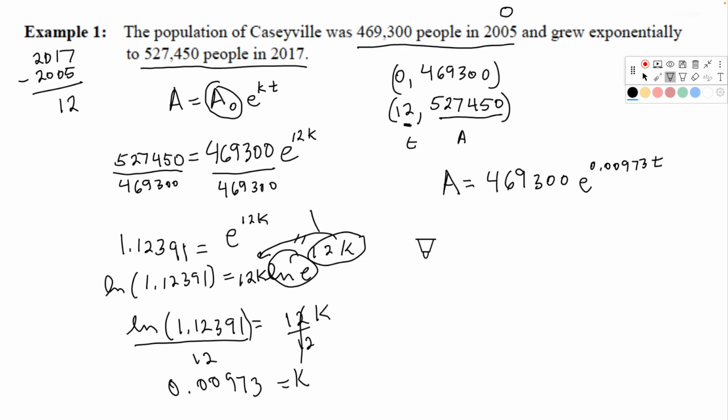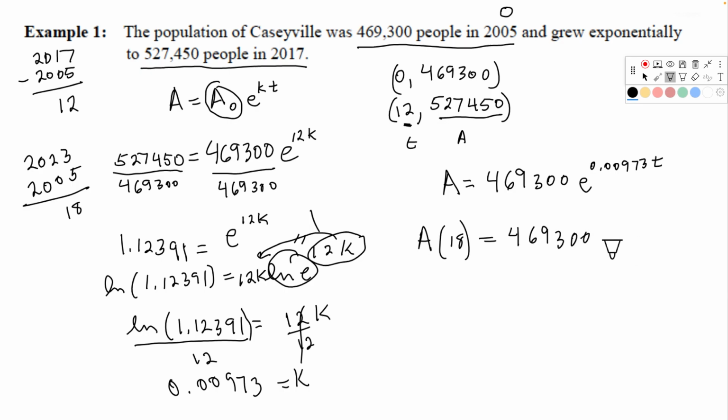And then if you want to find A of 2023, we have to subtract 2005 from that to figure out what year we're in, and that will be year 18. So if we plug in 18, we should get our population now at some given time.